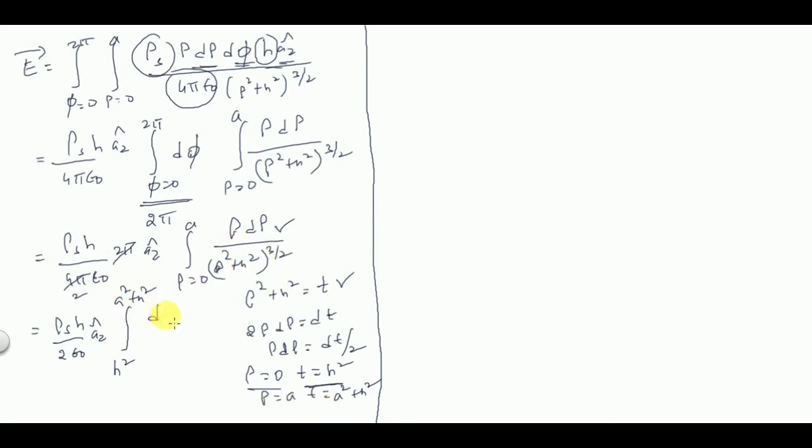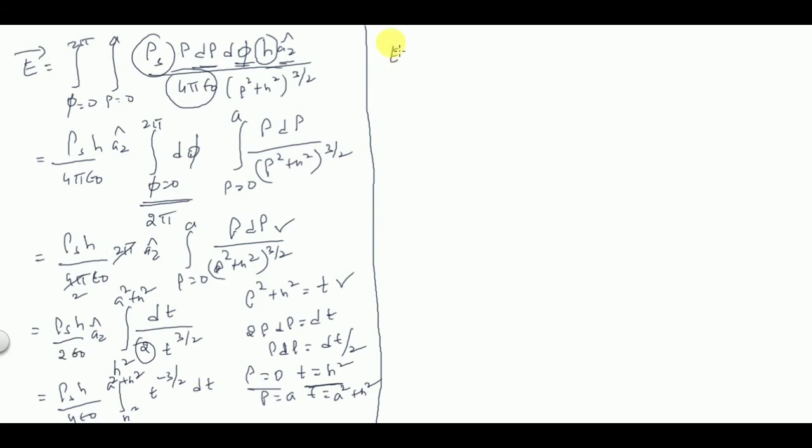So rho d rho is dt divided by 2, and rho square plus H square is t, so this becomes t power 3 by 2. So this 2 is a constant, you can write it outside. So rho s into H by 4 epsilon naught, right, integral from H square to a square plus H square of t power minus 3 by 2 dt.